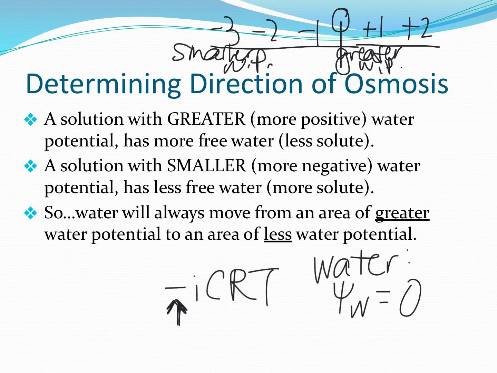So if we compare a water potential of -3 to a water potential of -1, -1 has a greater water potential because it is less negative, in other words more positive, or closer to 0.